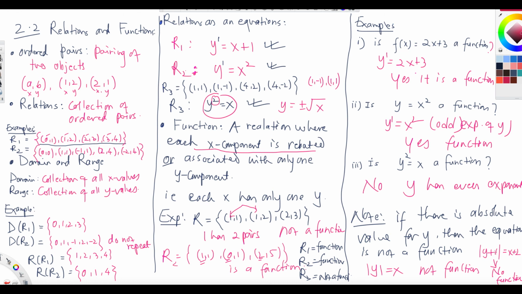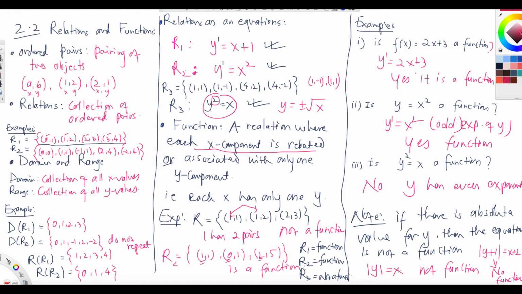So meaning, if there is an absolute value, we'll talk about the absolute value later. If y is inside an absolute value, then it is not a function. Why is that? Because if you take y equals positive 1 or negative 1, you will get x the same.